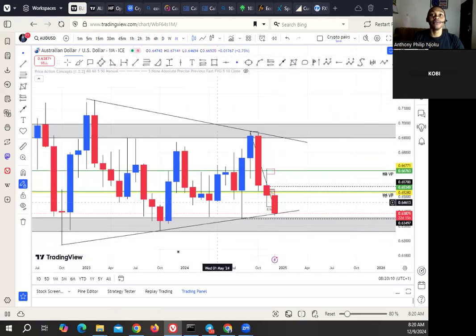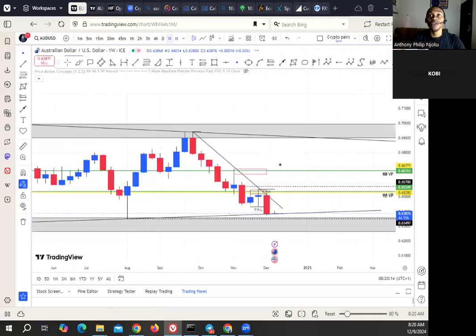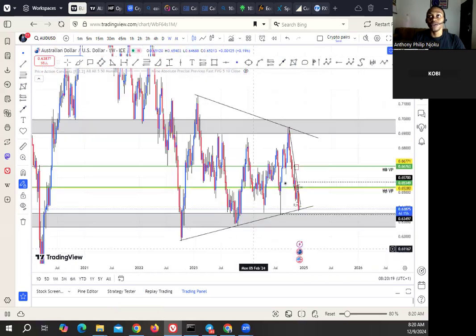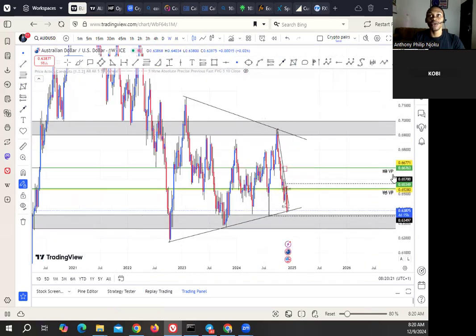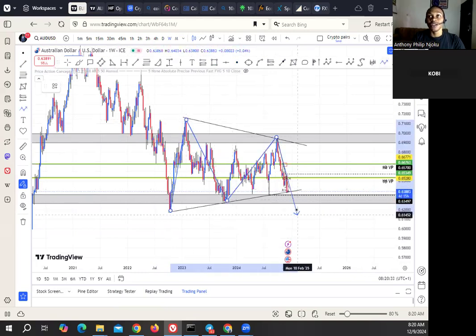upside on AUD USD. And based on chart patterns, let's go to the weekly time frame. Based on chart patterns on the weekly time frame, what do we see? We see a descending wedge. Literally, this is the descending wedge. Since it is at the bottom of a downtrend, this is possible for a descending wedge.